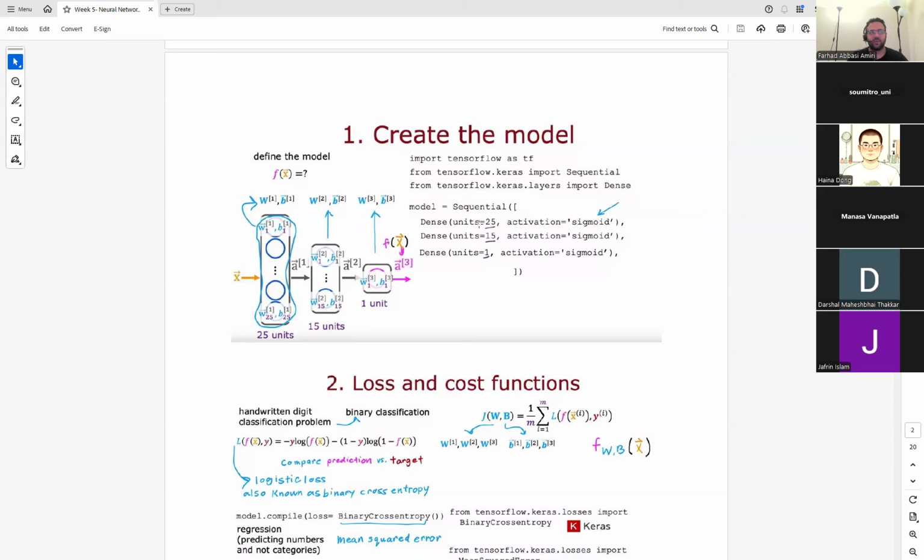The first one with 25 units and the sigmoid activation function on these 25 units. The second layer with 15 units and the sigmoid function on each of the 15 units as an activation function, and the last one with 1 unit and the sigmoid activation function, right?